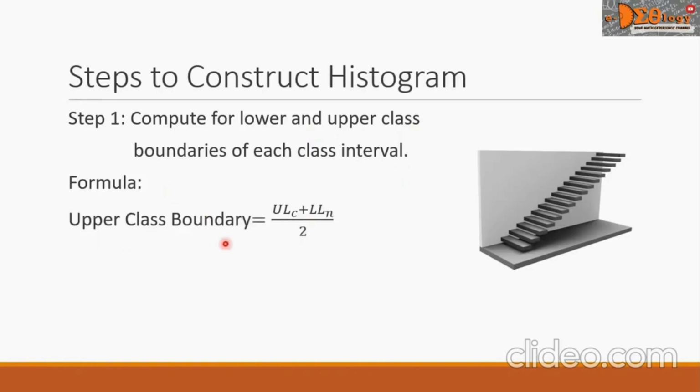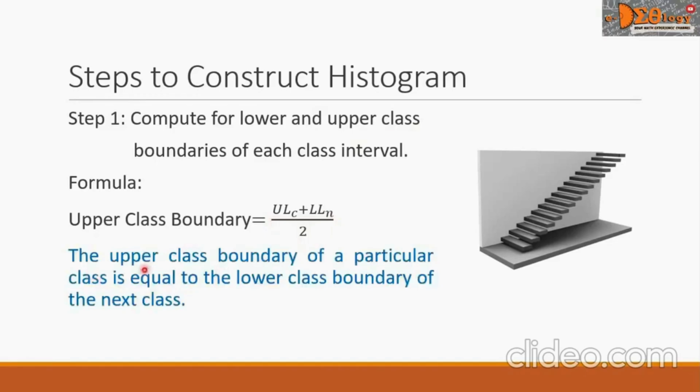For upper class boundary, that is equal to UL sub C, this UL means upper limit of the class interval, plus LL sub N, this is lower limit of the next class interval, all over 2. The upper class boundary of a particular class is equal to the lower class boundary of the next class.